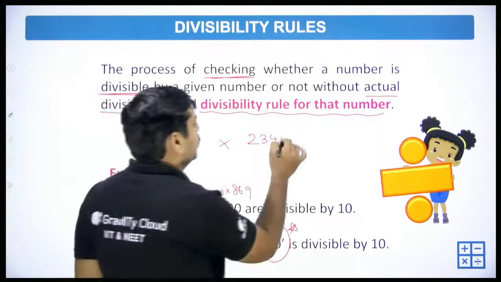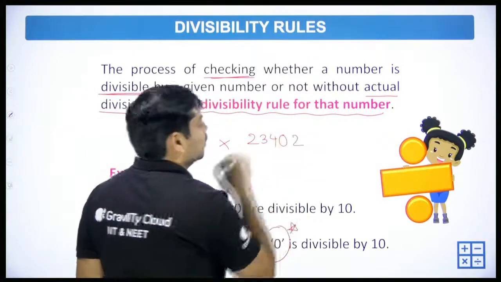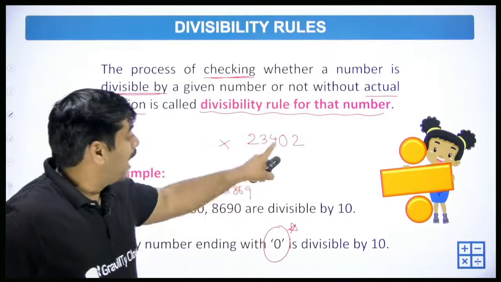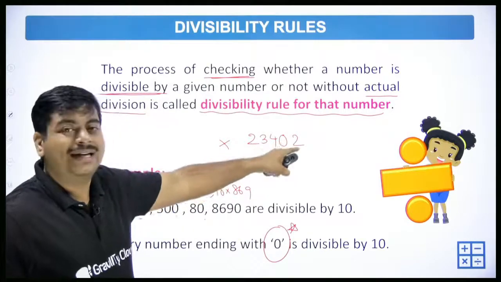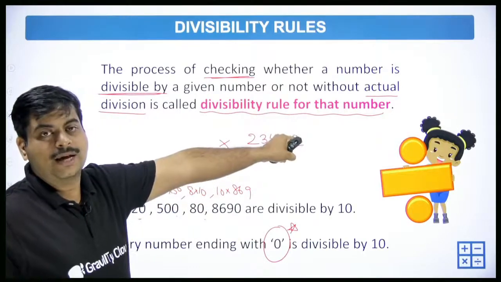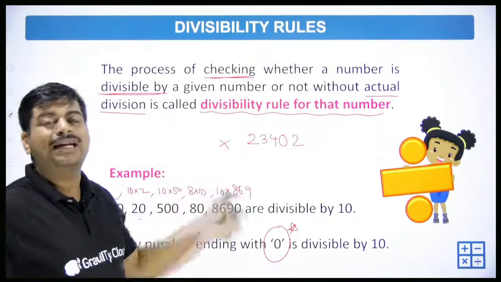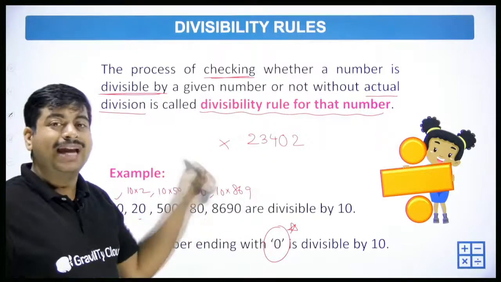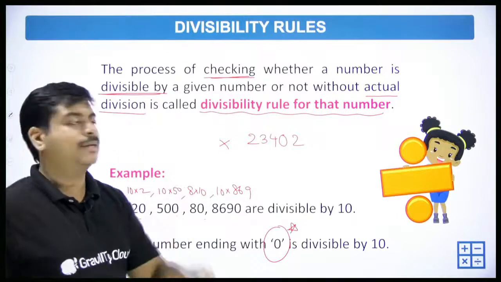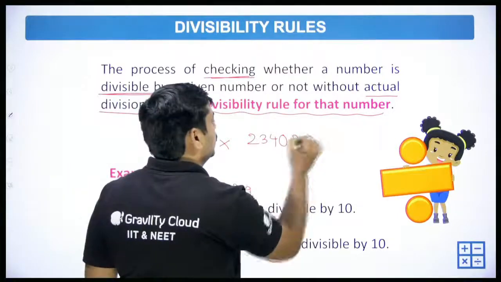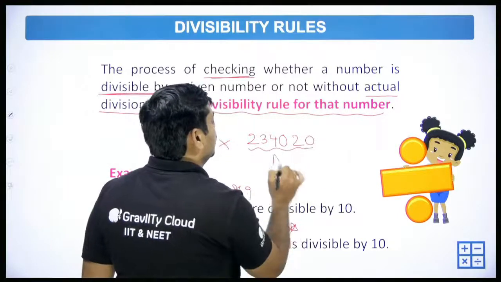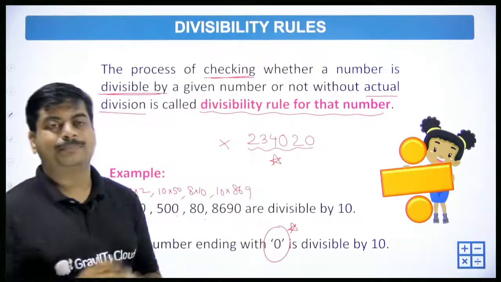But what about this number, 23402? Although we have a 0, it is not at the end, at the units digit. The number should end with 0 at the units place. So now what about this one? Yes, this complete number is divisible by 10.